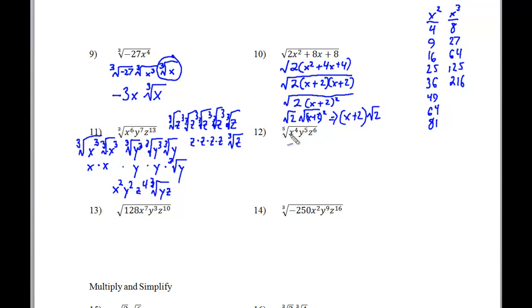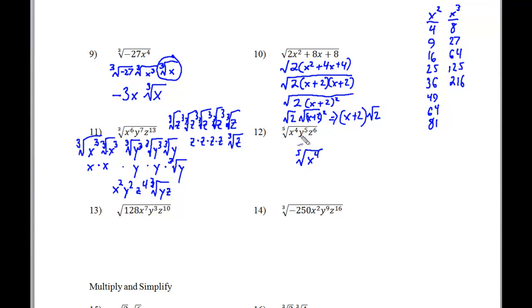You can ask yourself, how many times does x to the 4 fit into x to the 5? Well, there is unfortunately not enough x's to break out of this 5, so my radical to the 5th power still contains 4 of my x's here.